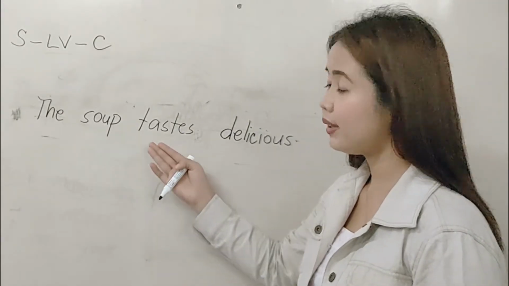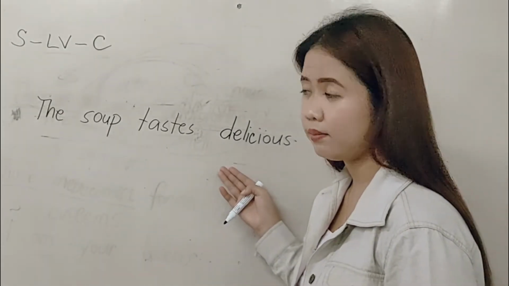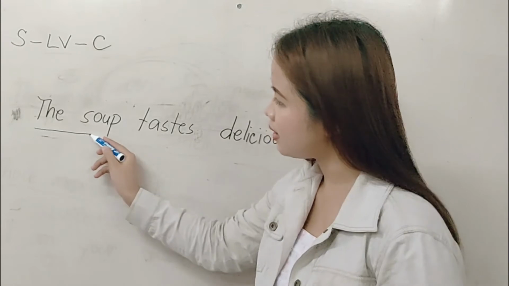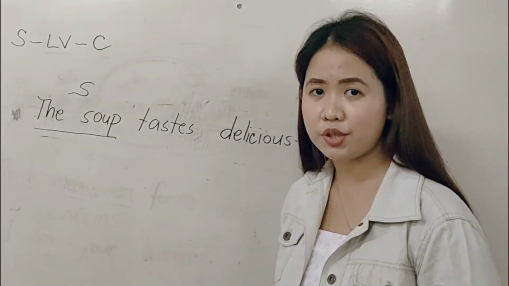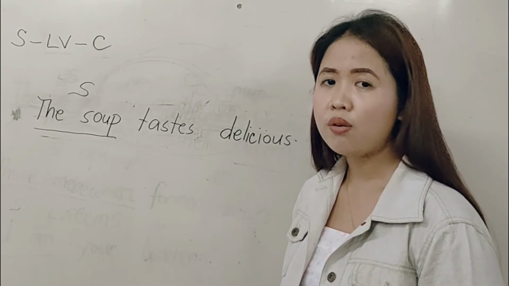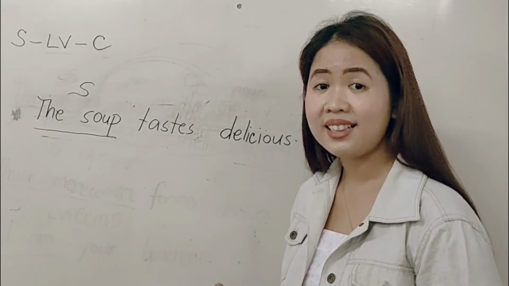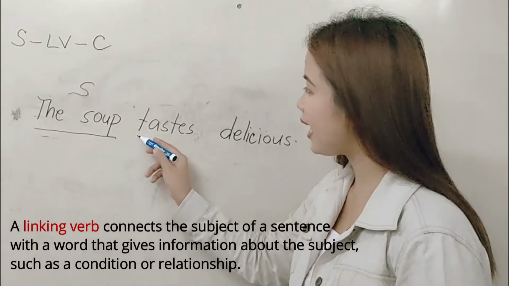Now, let's have the sentence with the use of sense of taste. The soup tastes delicious. Our subject is the word the soup, a singular subject. We also have a singular linking verb, tastes.